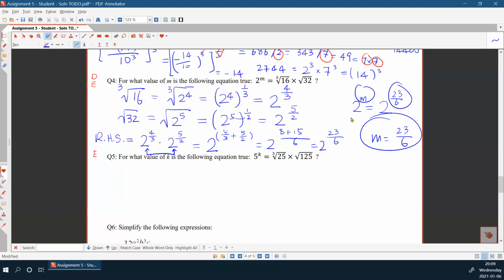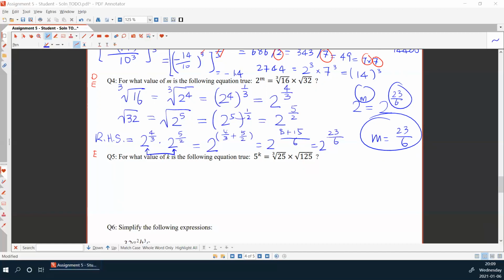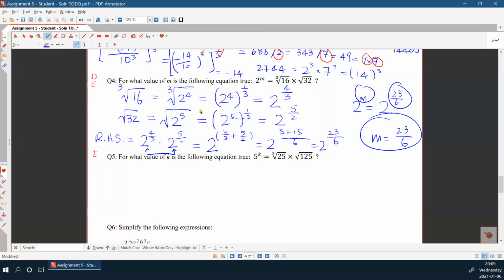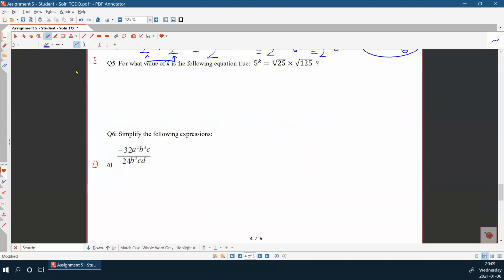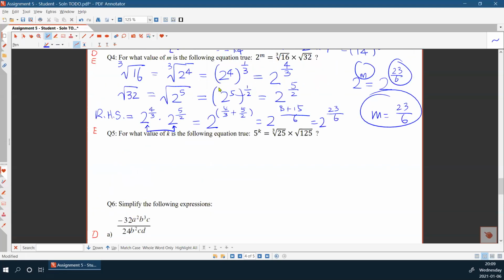Okay, do you see how we can do this now? Okay, again, if you haven't done it correctly, please put it in your error book, okay? Because this is something new for you. I mean, something new in the error book, not something new in the assignments, because you have done it once.